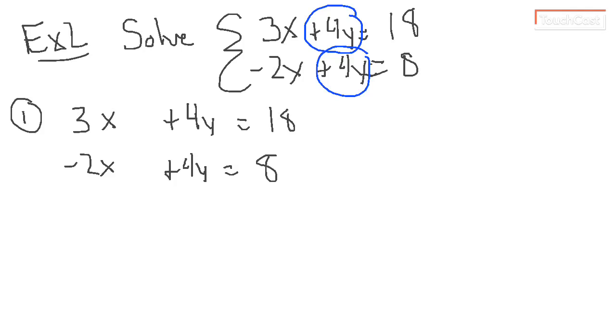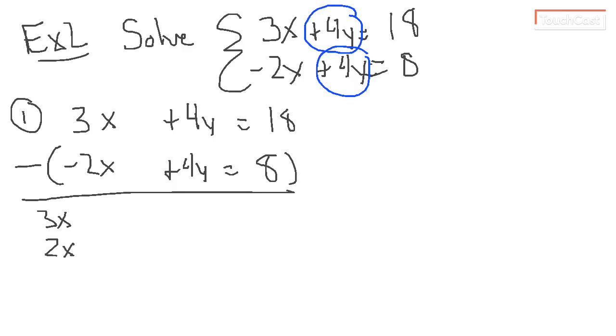And really it's just easier to make the entire second equation be opposite. So that means multiply everything by negative 1. So we can rewrite this as 3x with a 2x below it plus 4y, and below that we have a minus 4y equals 18 and equals negative 8.